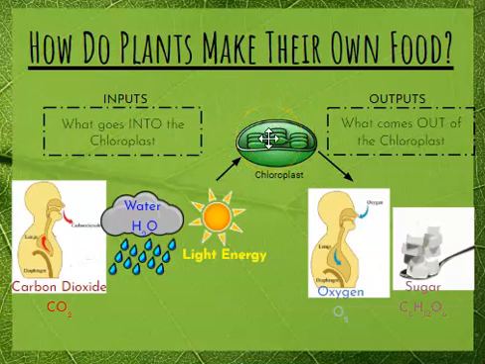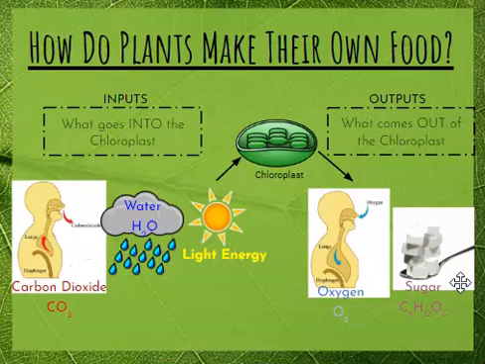It's like putting all the ingredients for a cake into a bowl and then sticking them in the oven. And in the oven, the molecules get rearranged and changed into some new molecules, oxygen and sugar. So the outputs, the things that are produced, or the products, are oxygen and sugar.